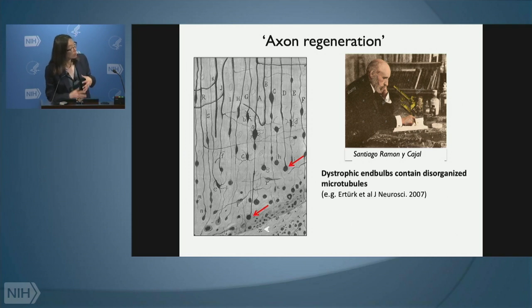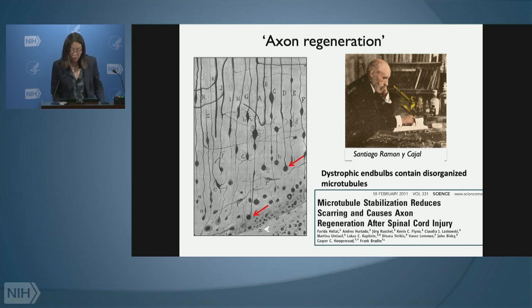And the dystrophic bulb triggered a lot of studies over the century, and some attributed it to the extracellular environment such as myelin inhibiting factors, and some attributed it to intracellular disorganization of the cytoskeleton, such as this study done by Frank Bradke's lab, which shows disorganized microtubules.